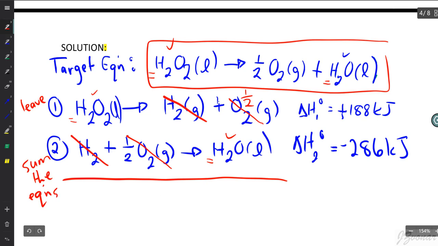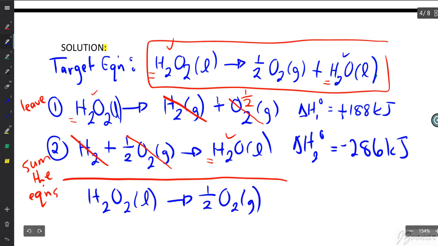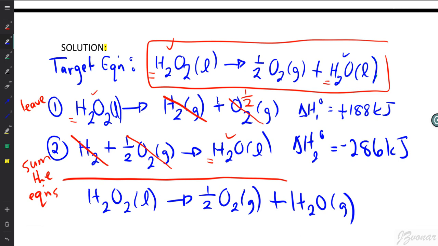So what I'm left with is H2O2 liquid, and I have half that oxygen molecule from equation 2 plus my H2O. Now that I've added these two equations, 1 and 2, I have achieved my target equation.